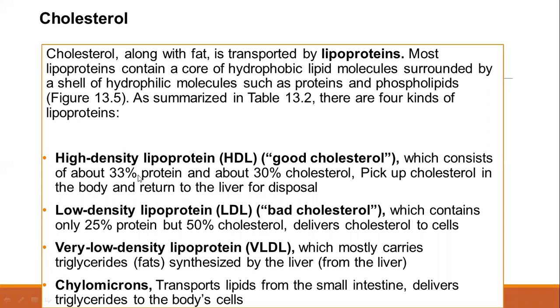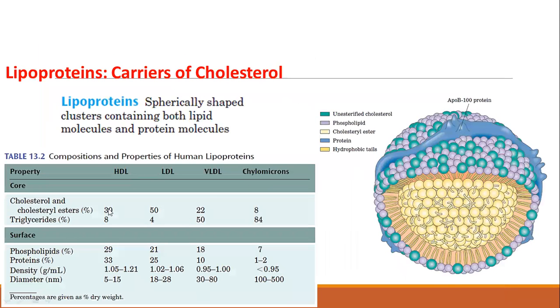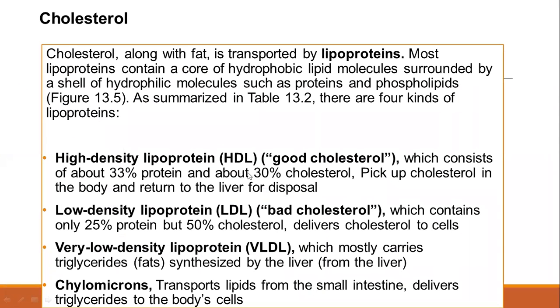And the percent composition is about 30% protein, around 29% phospholipids, and cholesterol is 30%. And a low density lipoprotein is a bad cholesterol. It contains a low percent of protein and a high percent of cholesterol, about 50%.